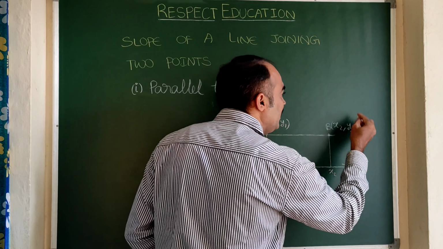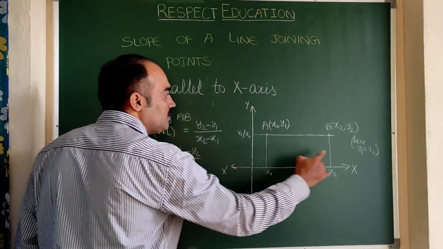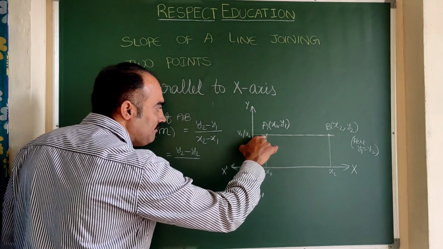Now here we have learnt that slope of AB, that is denoted by small m, is (y2 minus y1) by (x2 minus x1). Since here y1 and y2 both are equal, their difference is definitely 0. So let us write y2 in place of y1, because both indicate the same value.